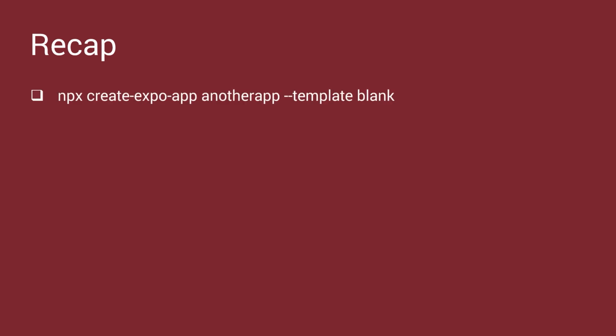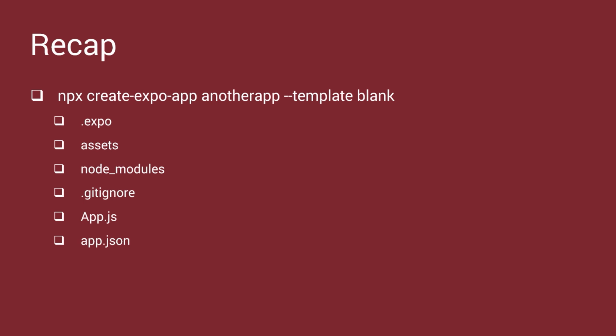The second command displays a smaller folder and file structure containing .expo, assets, node_modules, .gitignore, app.js, app.json, babel.config.js, package-lock.json, and package.json.